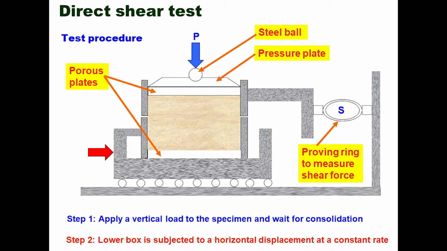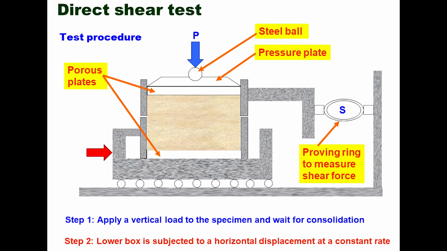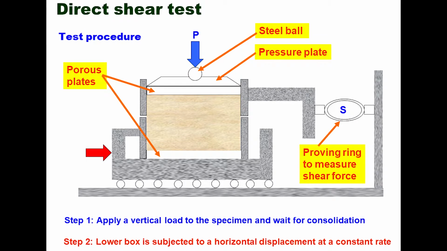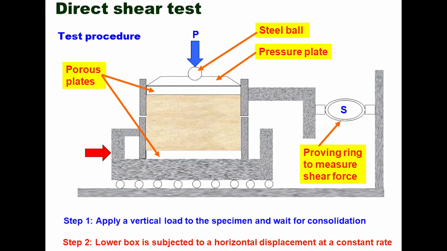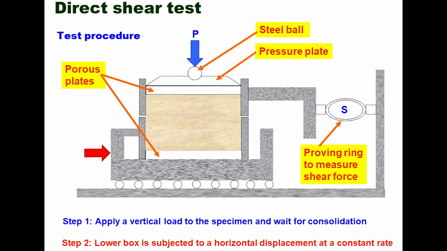The lower one will move and the upper one will be stable. The proving ring measurement of shear force, divided by the area of the specimen, gives the shear stress, and the normal force P divided by the area gives the normal stress.